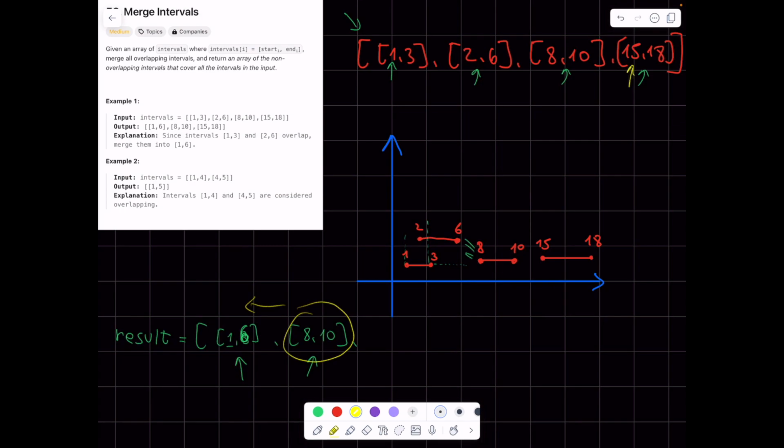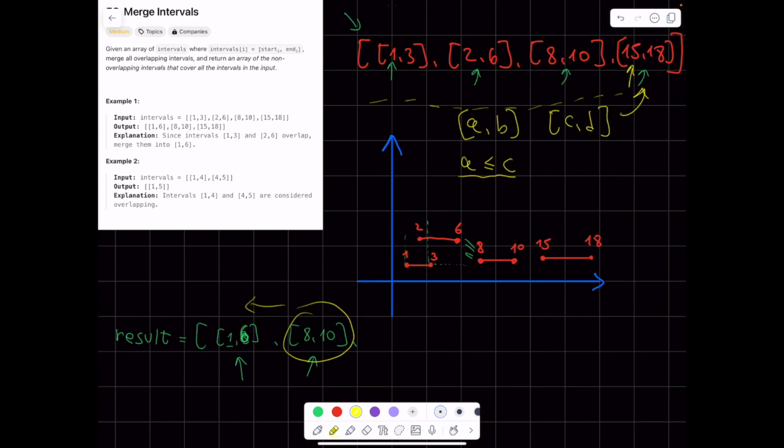This is because we sorted the array by the start values. So one of the two conditions, if we have two intervals, A, B, and C, D, as we said, in order for those intervals to overlap is that A has to be smaller or equal to C. So it doesn't matter which previous interval we choose, this condition is already satisfied.